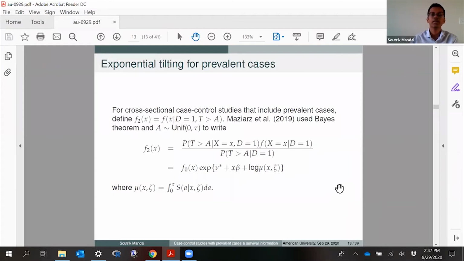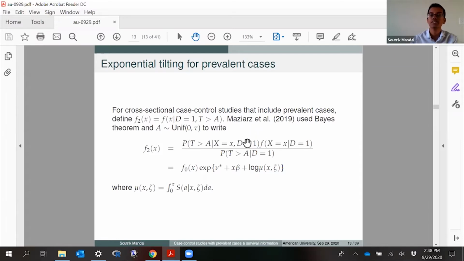Then we come to the exposure distribution for prevalent cases. So for cross-sectional case control studies that include prevalent cases, f2(x) denotes the exposure distribution for prevalent cases.